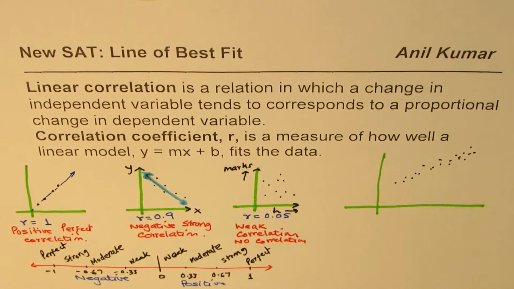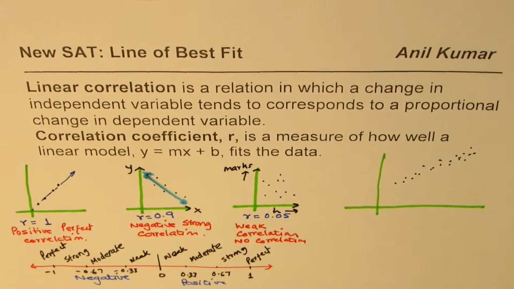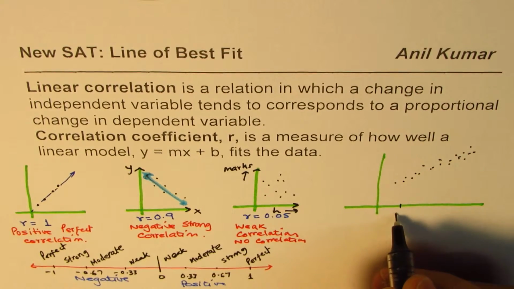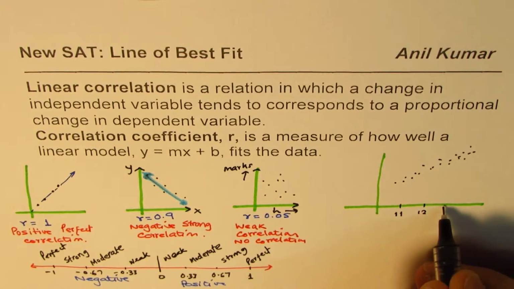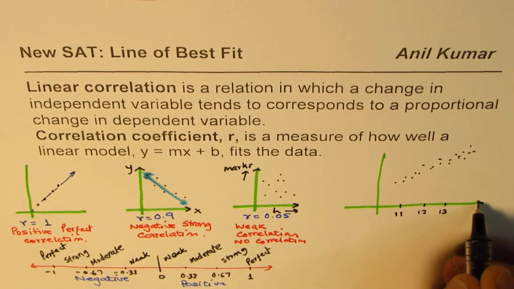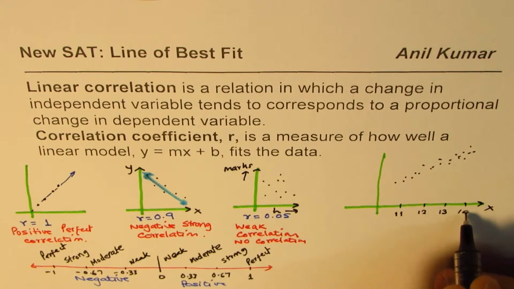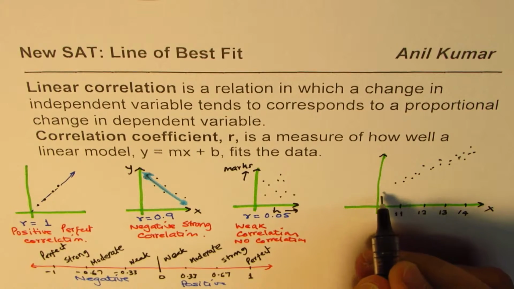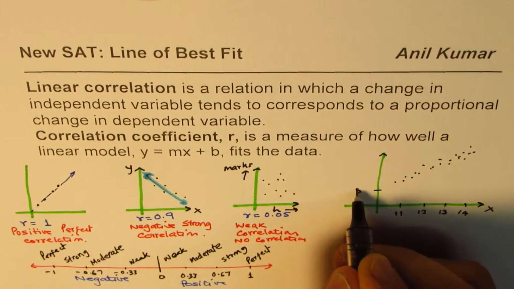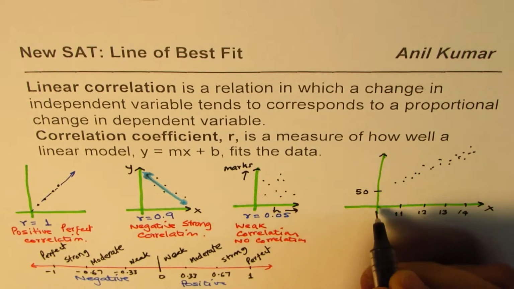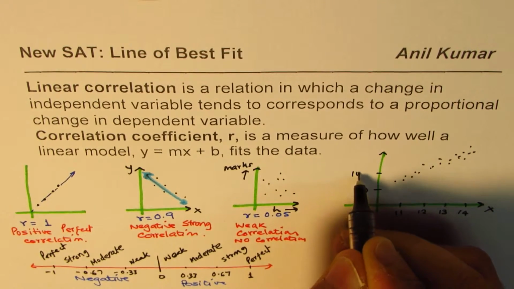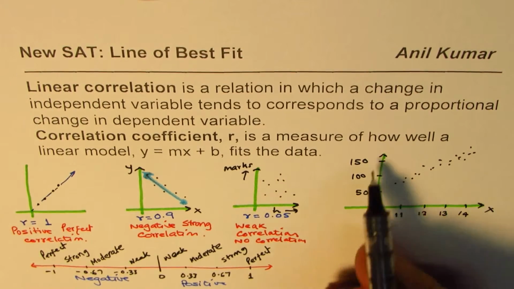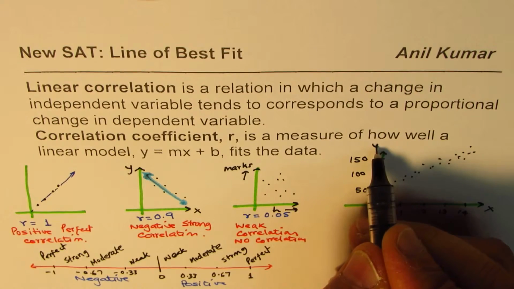The idea is to approximately write down the equation and describe this kind of a correlation, right? So let's say this is 11 for us, this is 12, this is 13 on the x-axis, okay, 14. And along the y, let's have the points as, let me take this somewhere here as 50, and then this will be 100, and let's say this is 150. So I've just taken a few points and made a scale here for x and y.